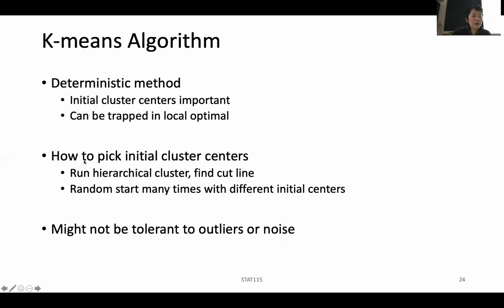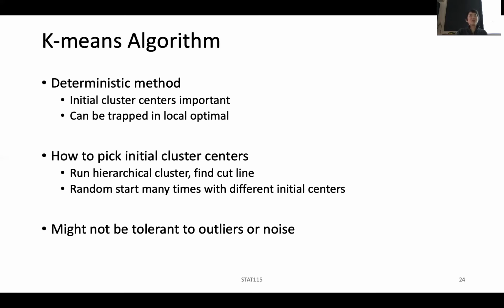So for example, how do you pick the initial cluster centers? One way is you run your hierarchical clustering. By the way, is hierarchical clustering deterministic? Yes, it is. No matter how many times you start, it's going to be the same thing, right?